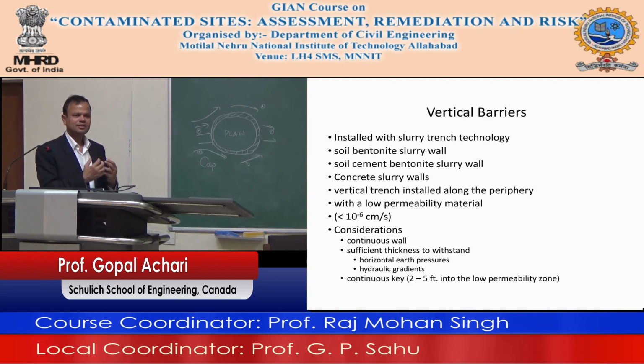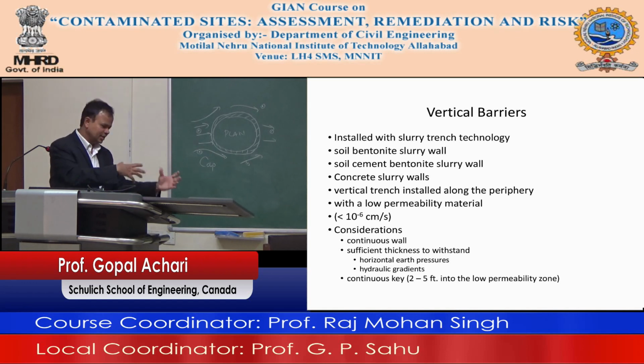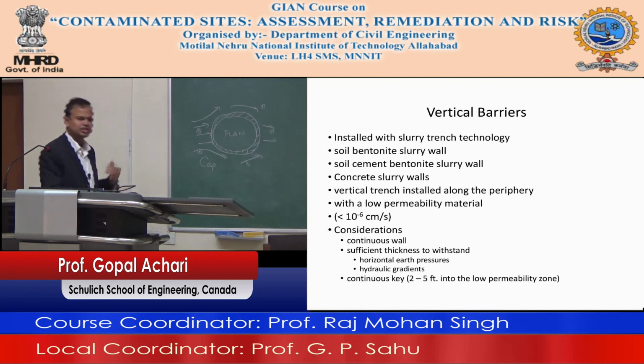What you do is you create, next to the site, a little bentonite water soup. You prepare that and give it enough time, maybe a day or two, for the bentonite to actually take the water in, and then you mix it with soil that you obtained from the cut.